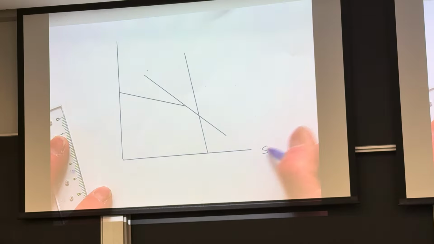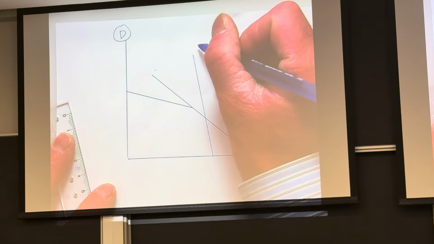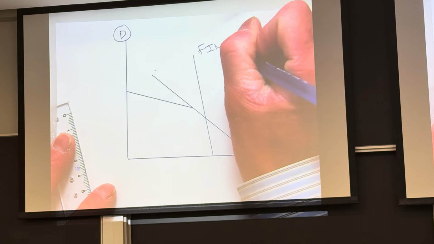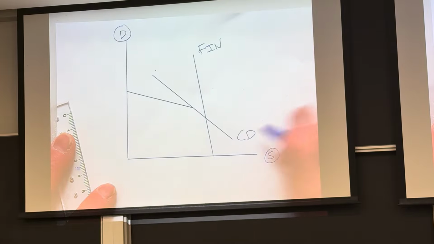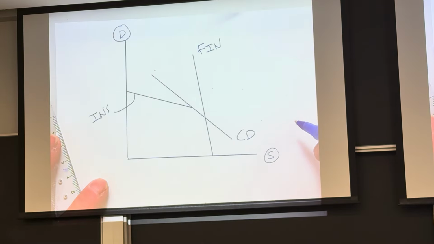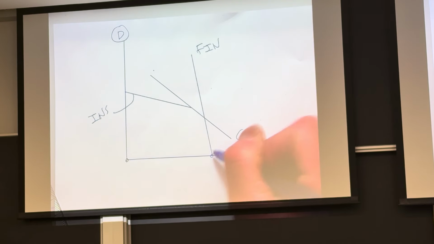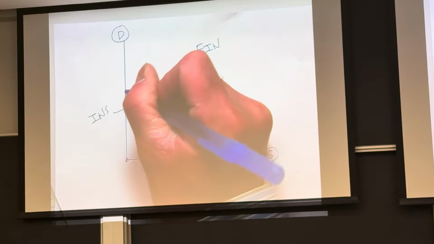So there's my standard bags here, my deluxe bags over there. This was my finishing over here, this is my cut and dye over here, and this is my inspection line. Then I had my corners in the problem, 1, 2, 3, 4, 5.